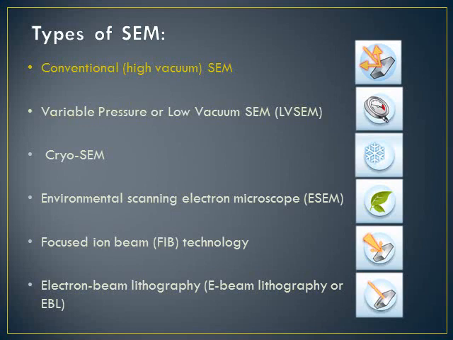The other one is the variable pressure or low vacuum scanning electron microscope. This type of machine is basically like a conventional SEM, but it can be used to image the surface of non-conductive samples, which means no metal needs to be added to the surface of such samples.